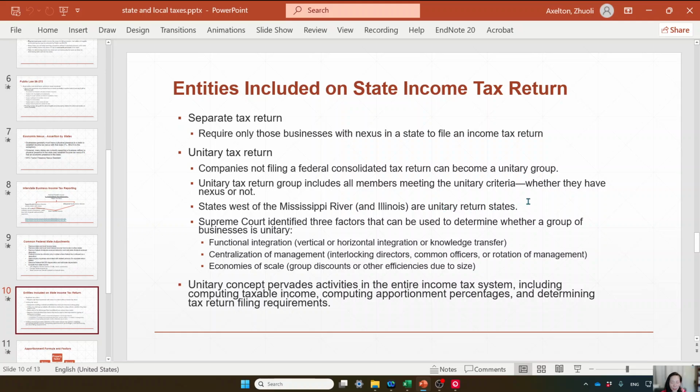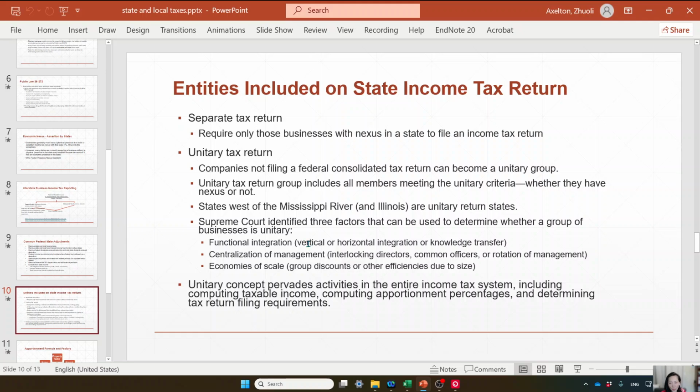Some states adopt the unitary tax return filing system, and some states adopt the separate tax return filing system. The Supreme Court identified three factors that can be used to determine whether a group of businesses is unitary.